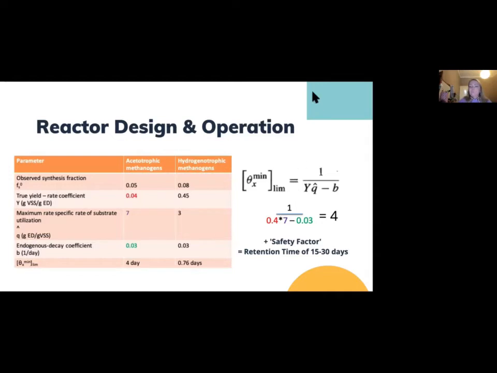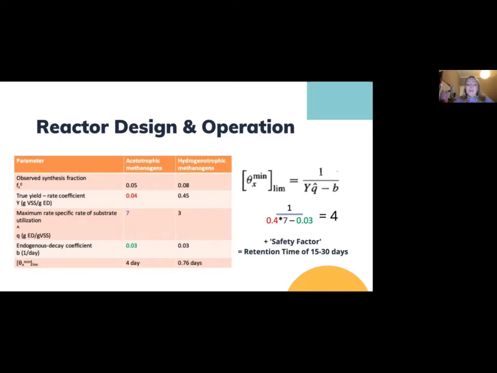And so when we come to calculate our retention time, trying to retain the microbial species, for the acetotrophic we will come out with a value of 4 days, and for the hydrogenotrophic, maybe 0.76 days. And then we add this safety factor.